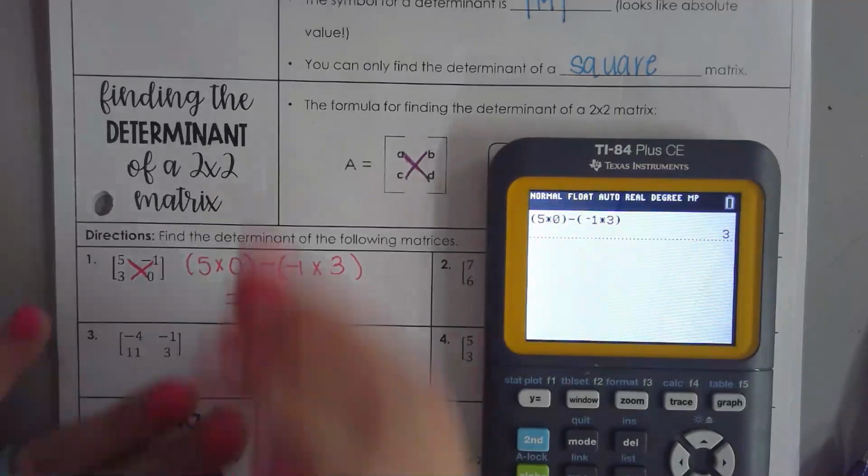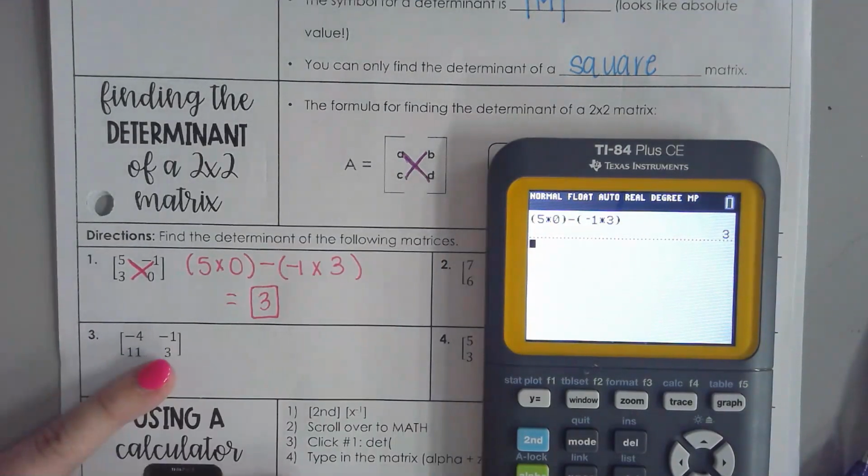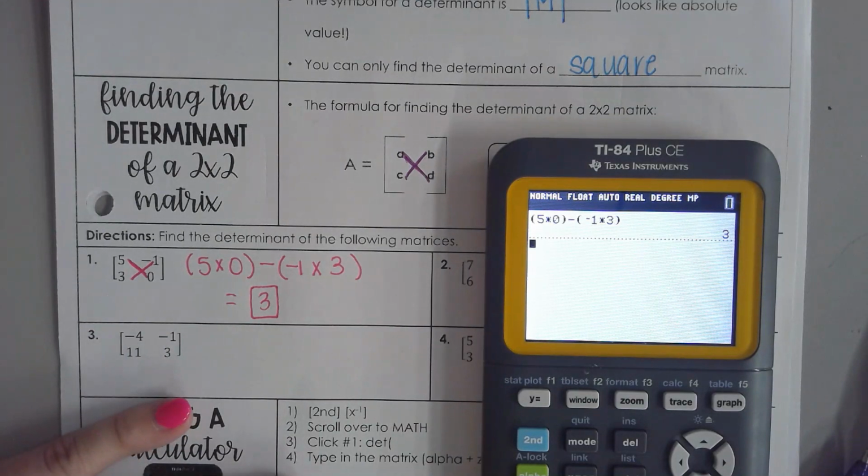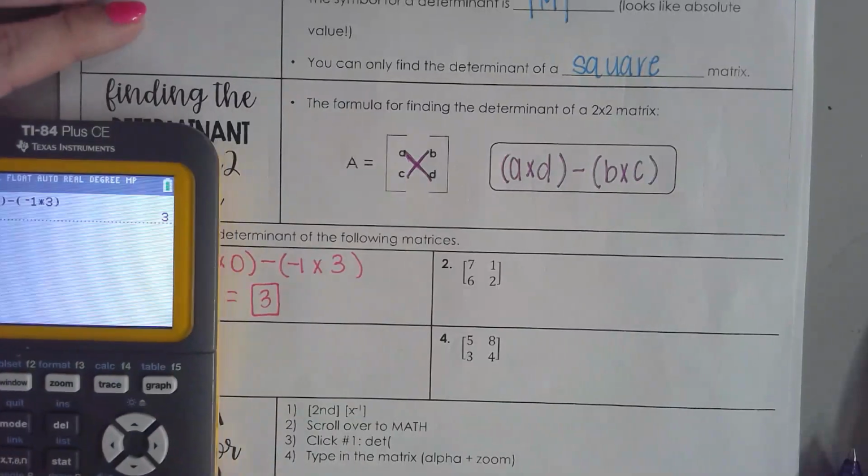And you get 3. See, once you put numbers in there, it's not that hard. A lot of letters if you mess with them. Any questions?